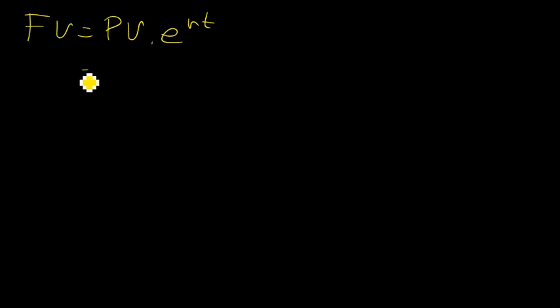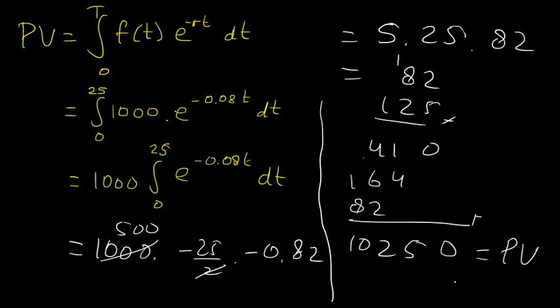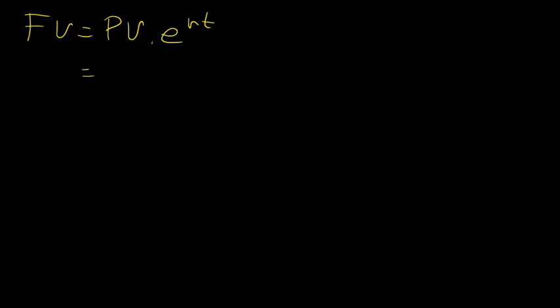So in this case the PV previously is 10,250 times e to the power of 0.08 times t, and we want to know the future value when the time is 25 years from now.